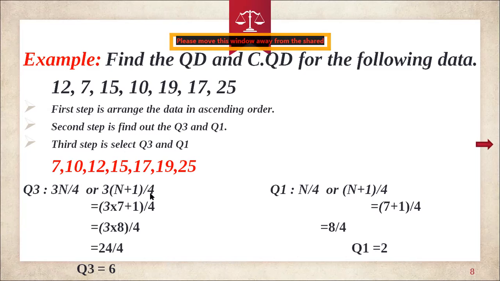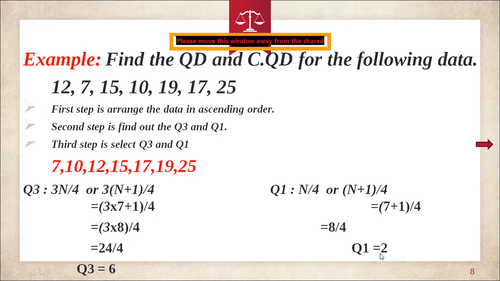So 3 into 7 plus 1, that is 8. 3 into 8 divided by 4. 3 into 8 is 24, divided by 4. 4 sixes are 24. So here quarter 3 is the 6th item in the particular observations.